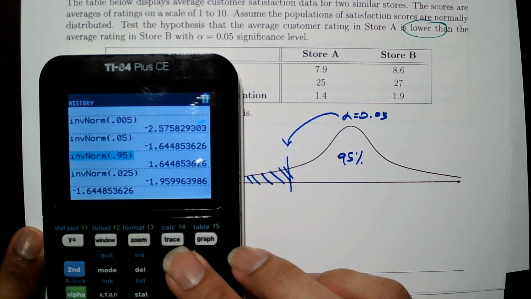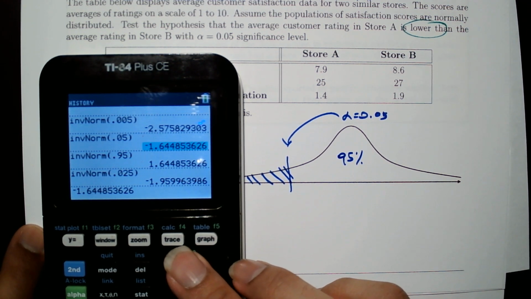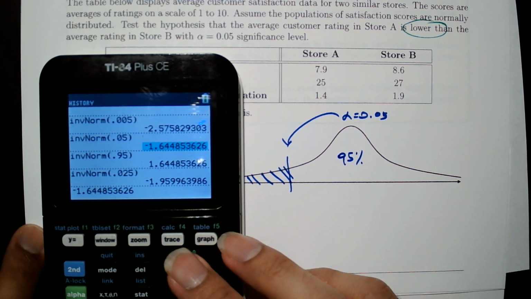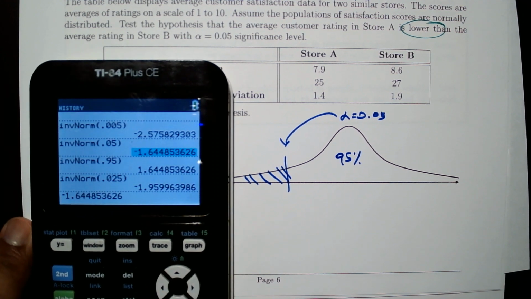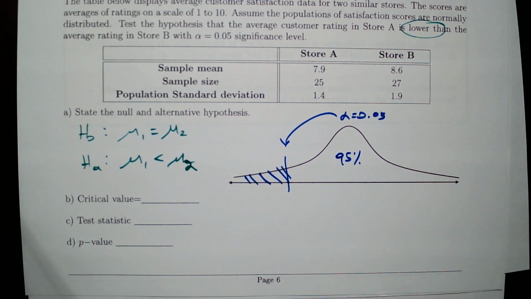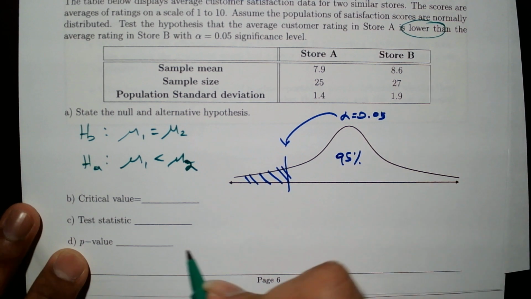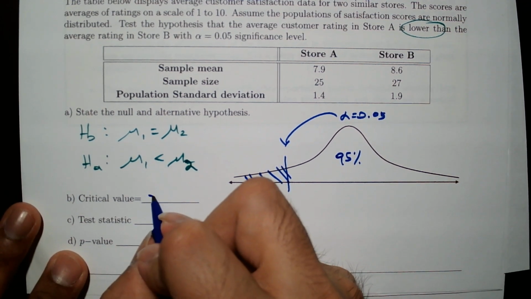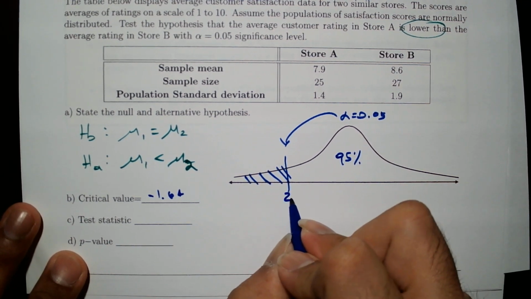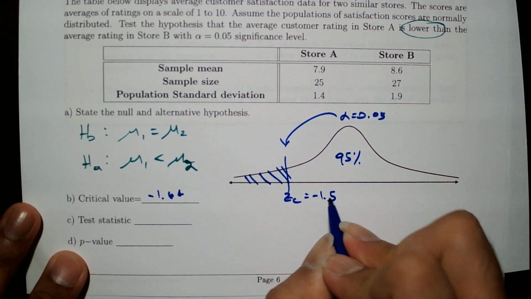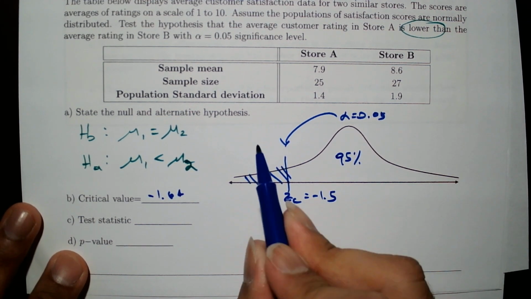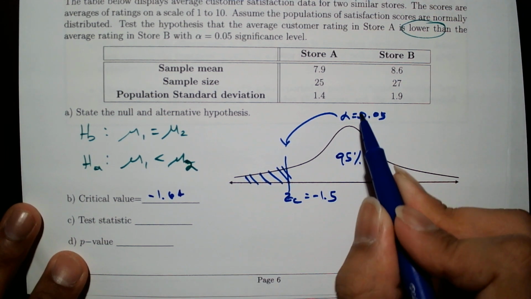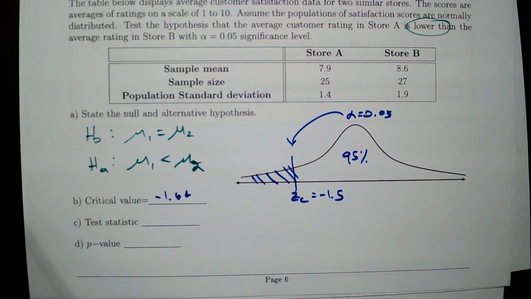Wait a minute, give me a second. Where did I get this? Yeah, negative 1.64. As usual, shaded region, reject the null hypothesis. Unshaded region, fail to reject the null hypothesis.